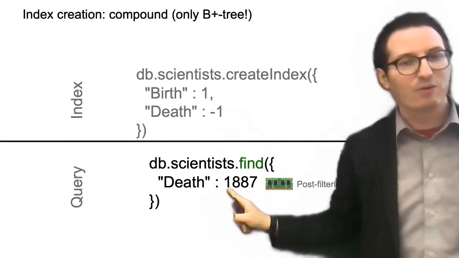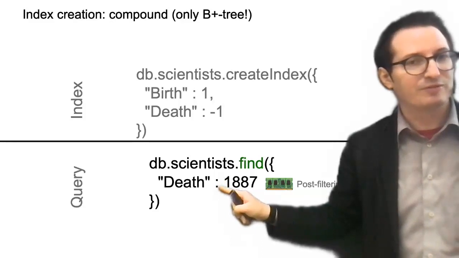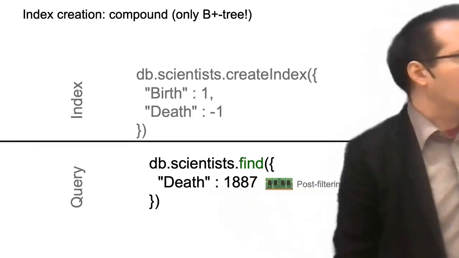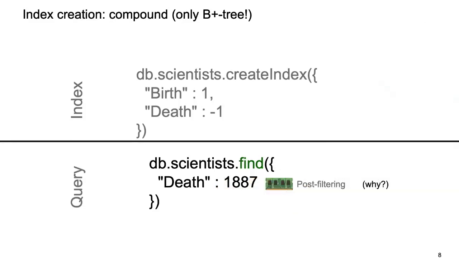Because if you look now at a range of death years, since it's the second key, the places where you find a famous person who died in 1887, there will be one for maybe every possible birth date. So there will be one here, and then one here, and then one here, and then one here, but it's not an interval, right?